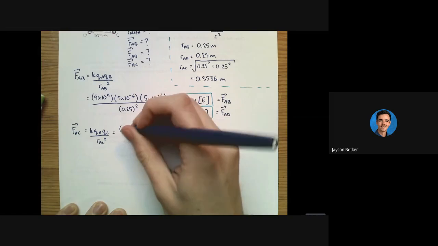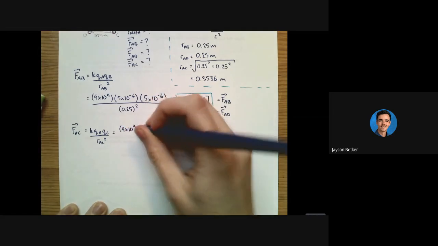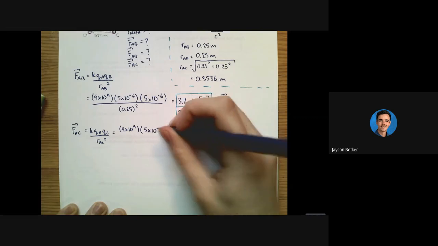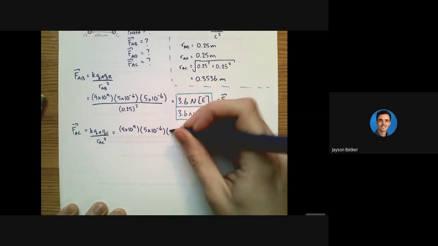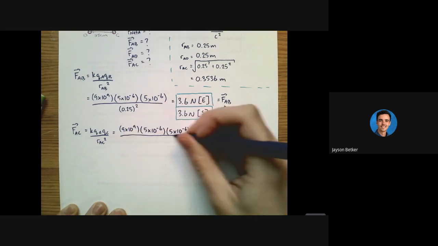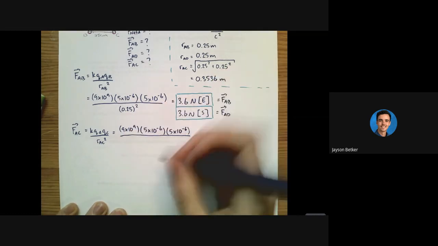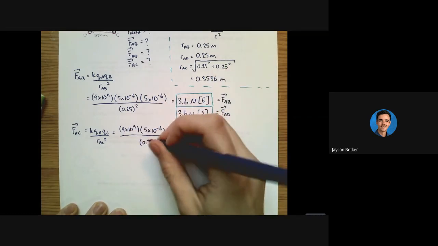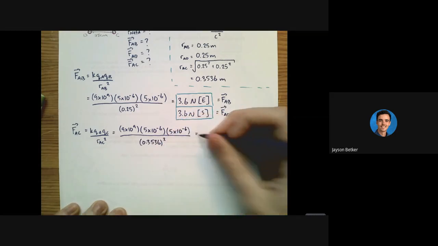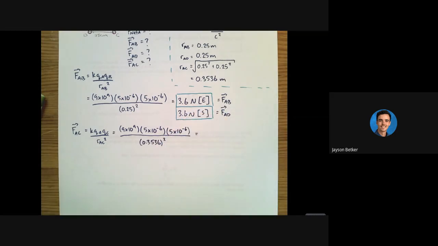So that's 9 times 10 to the 9 times QA, which is 5 times 10 to the negative 6, times QC, which is 5 times 10 to the negative 6, over RAC, which we found right here, is 0.3536 squared.